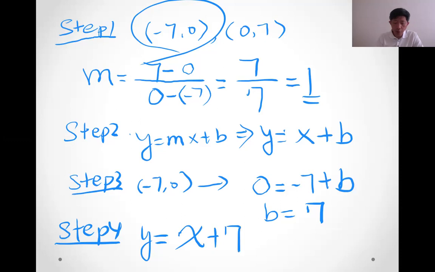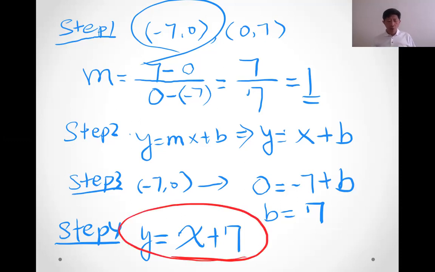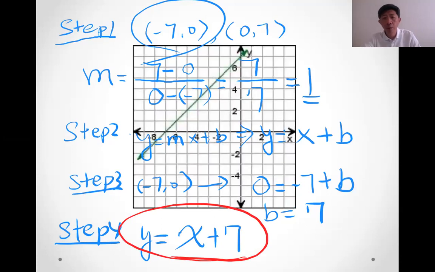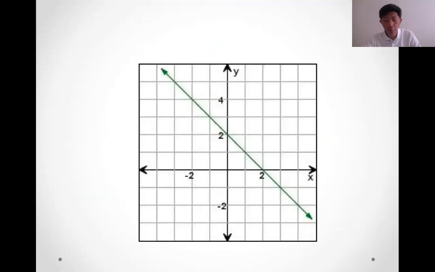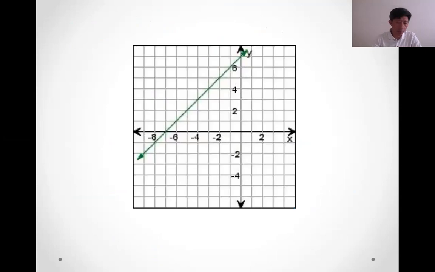This is our equation, our final answer: y equals x plus 7. So we can go back to this. We figured out this equation is y equals x plus 7, right?